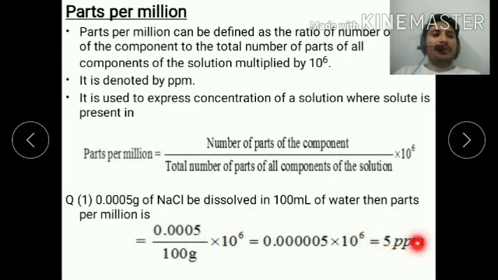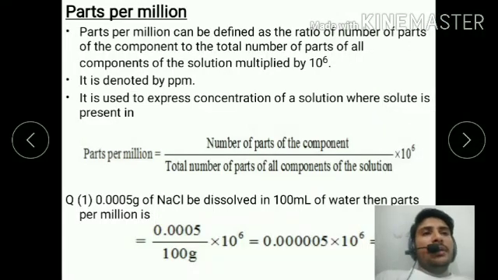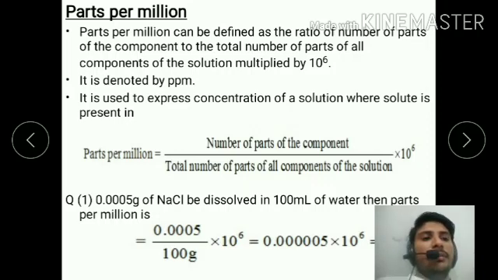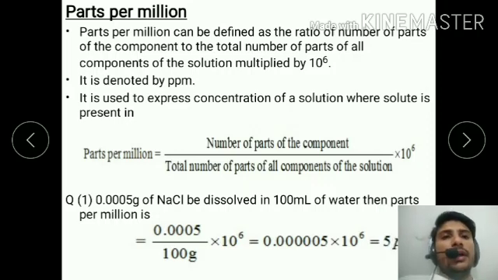The answer is 5 ppm. Okay, we have done mass percentage, volume percentage, mass by volume percentage, and parts per million. Now we move to the next slide.